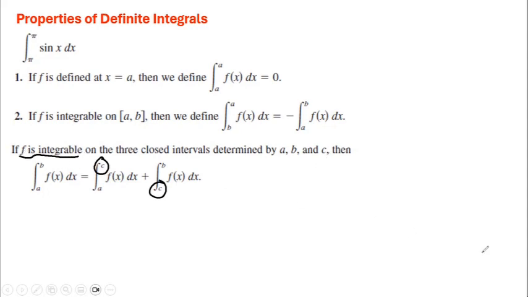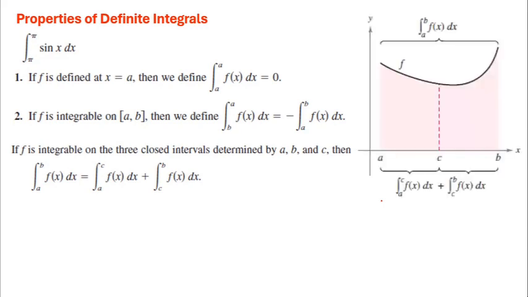You need to do this in some contexts, like calculating displacement and velocity, where you need to know where the object has changed its direction, or when it has changed its direction.